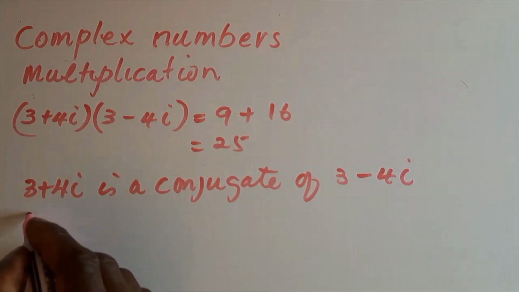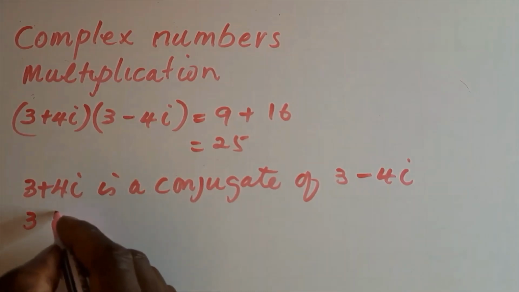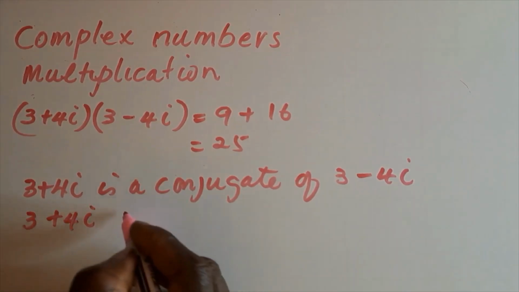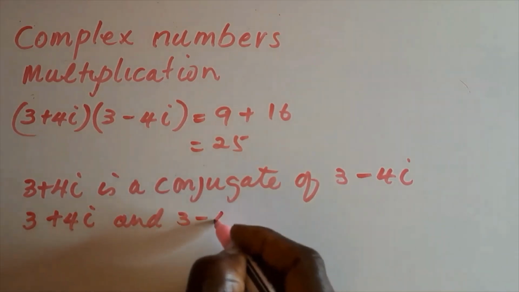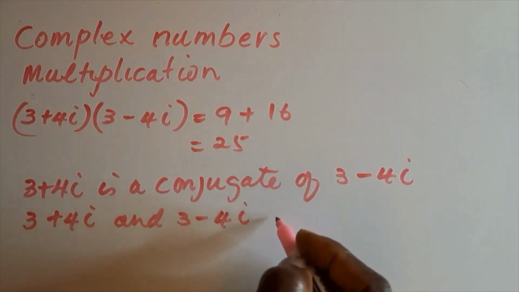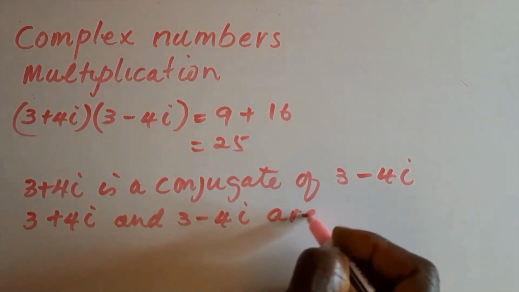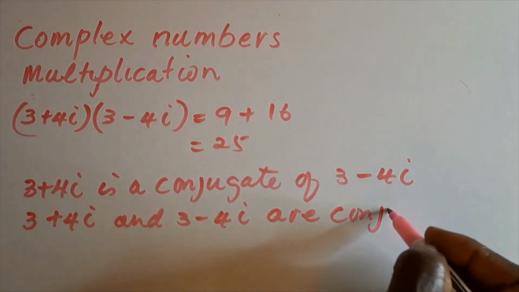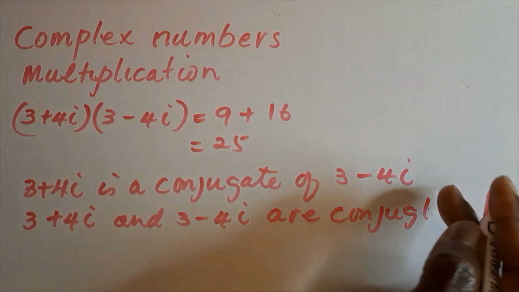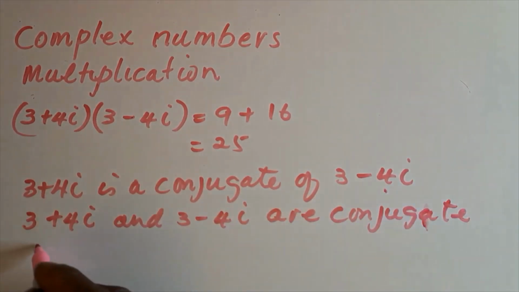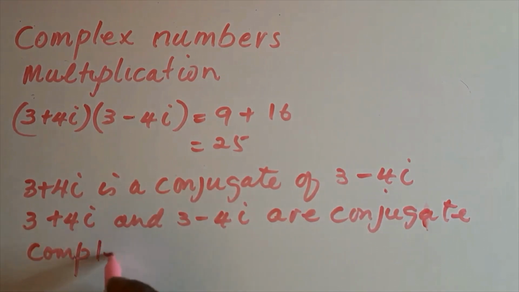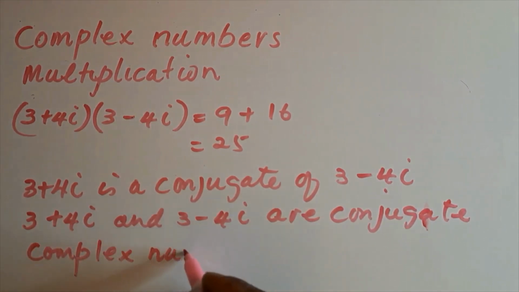And we can say that 3 add 4i and 3 minus 4i are conjugate complex numbers.